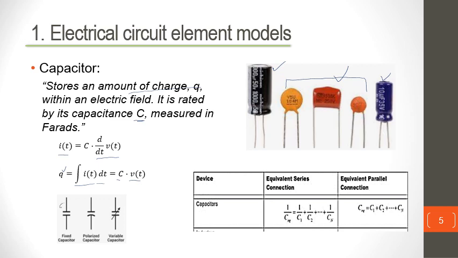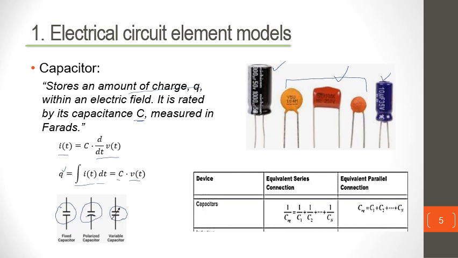A capacitor can be expressed by the following symbol, or sometimes a polarized capacitor. If it's an electrolytic capacitor, it can be produced by the following symbol with a slightly bent side, like this one. Or if it's a variable capacitor, it could have an arrow through it.